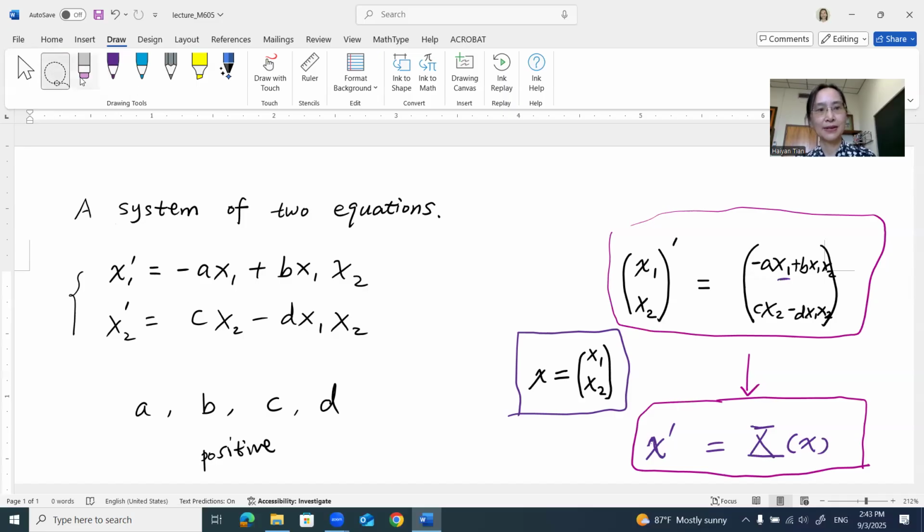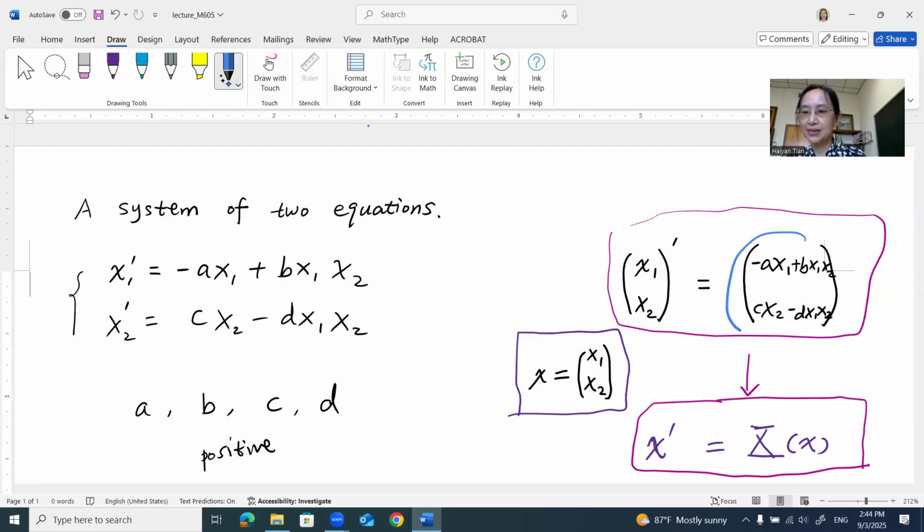So as you can see here, you see this x1, x2, right? So this capital X is actually the first component of capital X, second component of capital X, depending on this x vector.